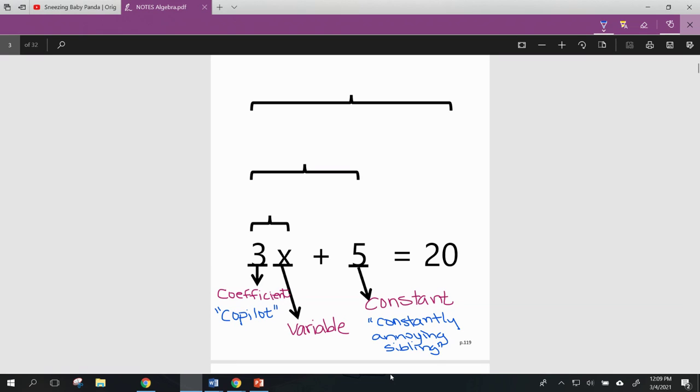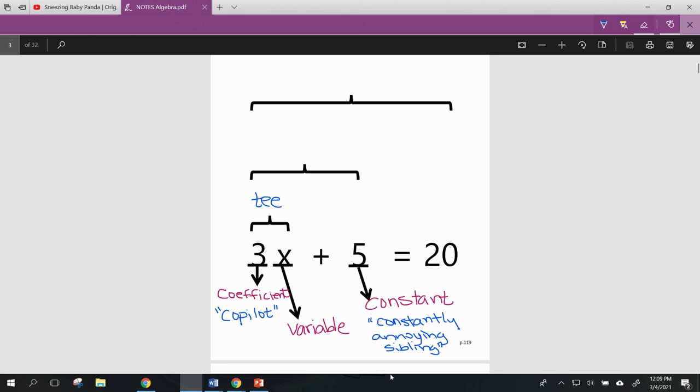Okay. So our coefficient, our co-pilot, right next to our variable. Our variable is our letter, our unknown, and then our constant is kept at an arm's distance, right? It's not next to our variable. Okay, then what we've got next, together we have a term, right? This chunk together, that 3x, is a term.